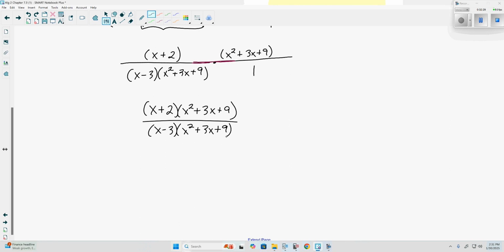That's the nice thing with multiplying with these parentheses and what's in common: the x squared plus 3x plus 9, leaving us with that. So really the whole thing with this multiplication of these polynomials is just factoring. We factor it, multiply, simplify what's in common. That's it.